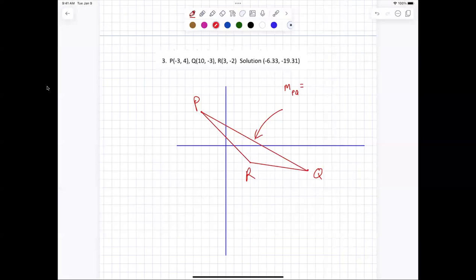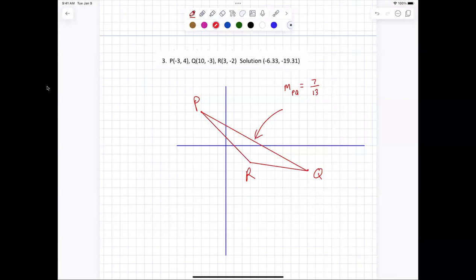So the slope of PQ, I went down 7, and then I went to the right 13. Anybody agree with that? Is that right? The slope is 7/13, correct? Everybody happy?